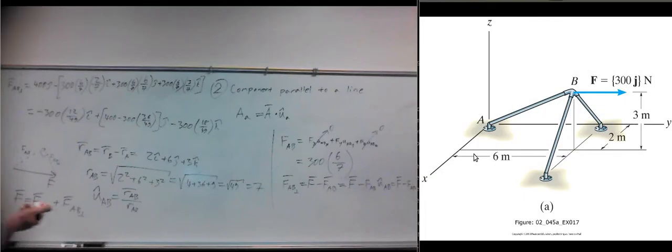So there is the vector of the force that's perpendicular to line AB.